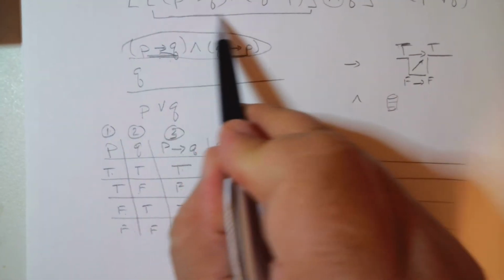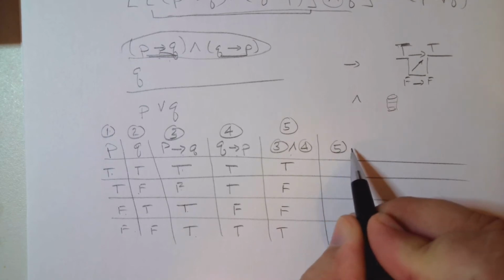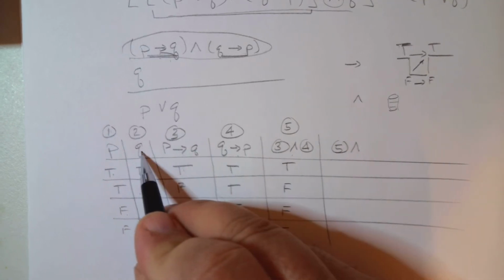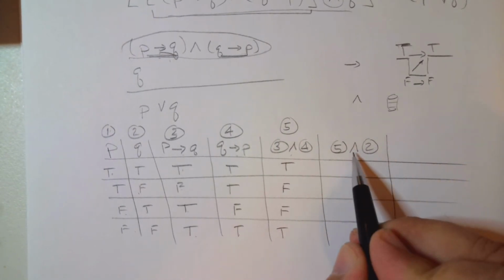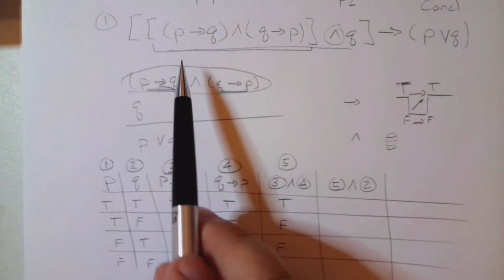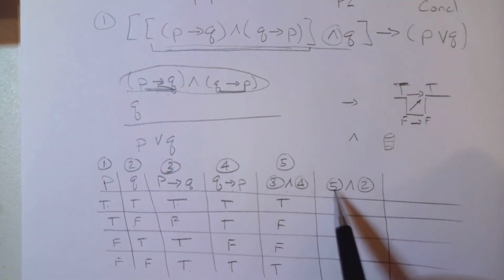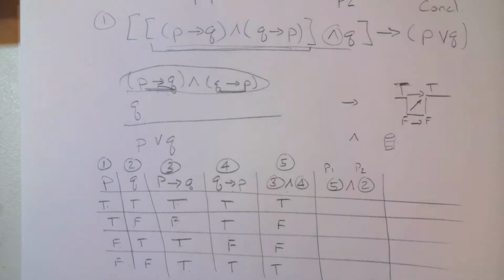So now we have to build this entire thing. We have column 5 and column 2. This is building the entire premise 1 and premise 2. This is premise 1. This is premise 2.